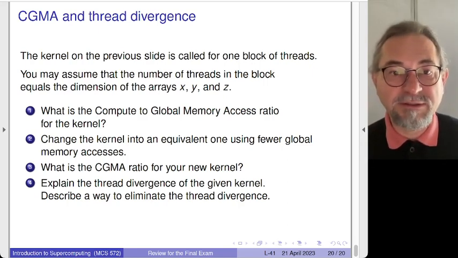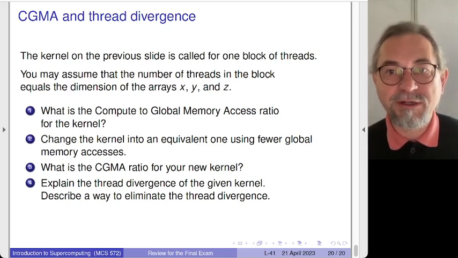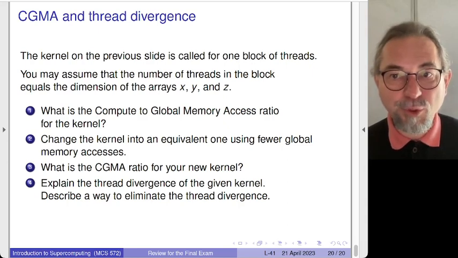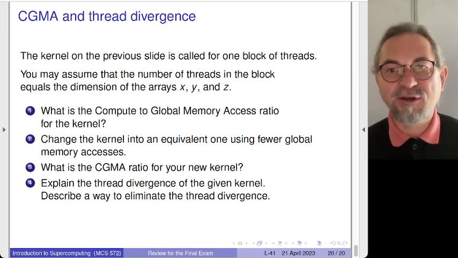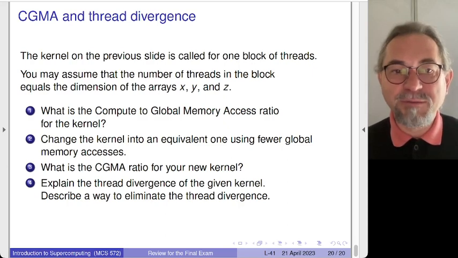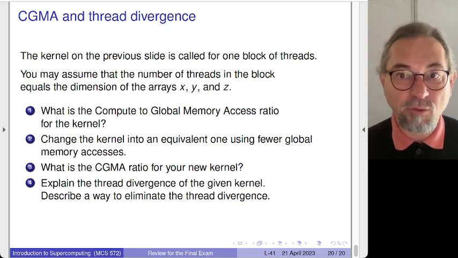The questions that are following here are probing what is so bad on this kernel. So actually the main question on the previous slide is what is so bad on this kernel. Well, if you compute the compute to global memory access ratio, it's the same exercise all over again.